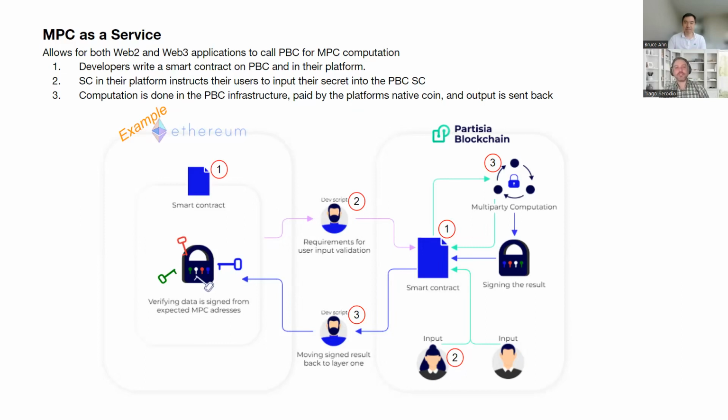So let me ask you a question, Bruce. Referring back to the previous episodes that we did, showcasing the use cases for Partisia Blockchain, we mentioned privacy, we mentioned front running, we mentioned secret surveys, whatever MPC technology can be used for. That means that anyone out there who would like to, for example, let's say a DEX on any given chain that wants to offer front-running protection to their users, they would just be able to piggyback on the Partisia blockchain to add this front-running protection to their service.